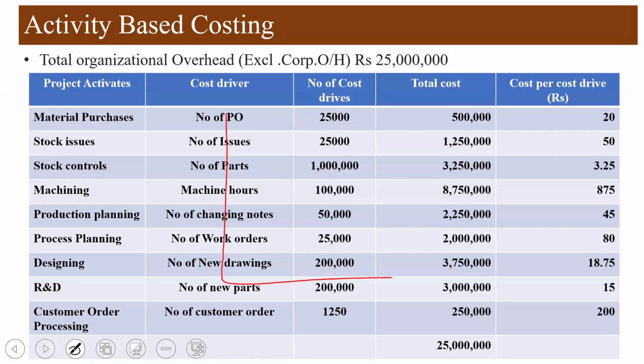Pareto chart means the 80-20 rule. The 80-20 rule is this: 80% of the problem will be contributed by 20% of the items, right?